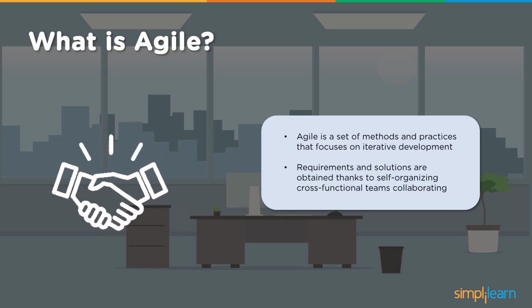Requirements and solutions are obtained thanks to self-organizing, cross-functional teams collaborating. These are teams of 7 plus or minus 2 in size, whose members have various different skills that complement each other. Today DevOps speaks about this cross-functional team owning everything as a single team.